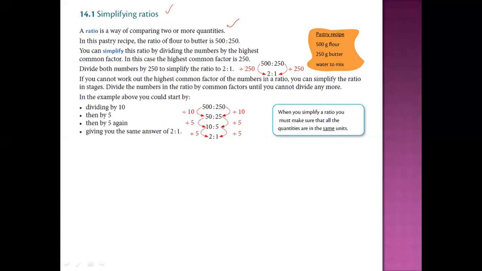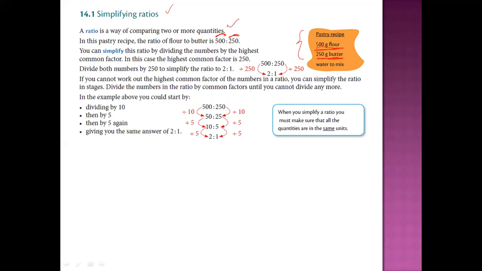So the amount of flour is 500 grams, and the amount of butter must be equal to 250 grams. As you see here, if you have half a kilogram of flour and you want to make a recipe, you should mix it with 250 grams of butter.